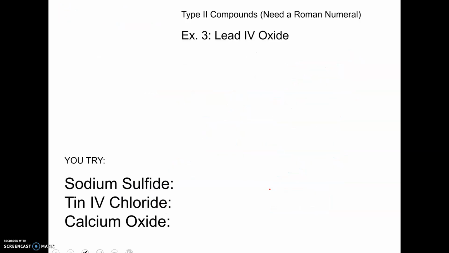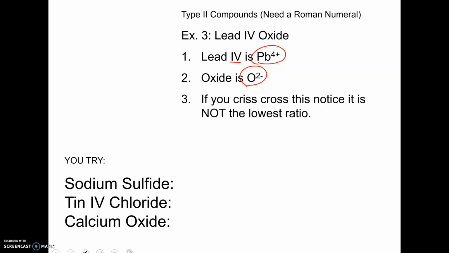All right, one more. Lead 4 oxide. Okay, so lead 4 is going to be Pb +4. And oxide is -2. Again, you get that one from the periodic table. If we crisscross, you're not going to get the lowest ratio. Look what happens.